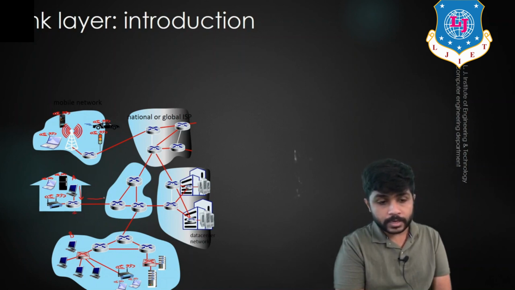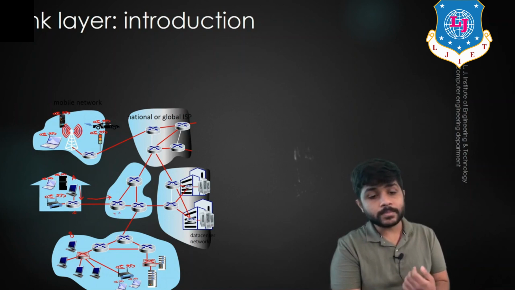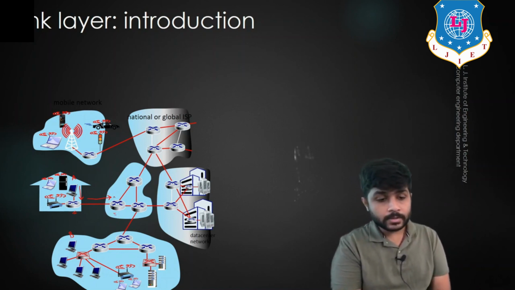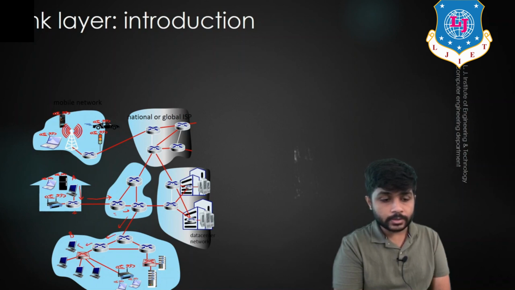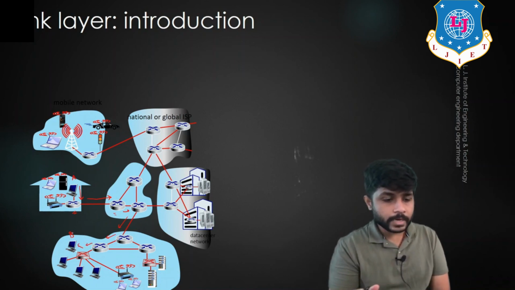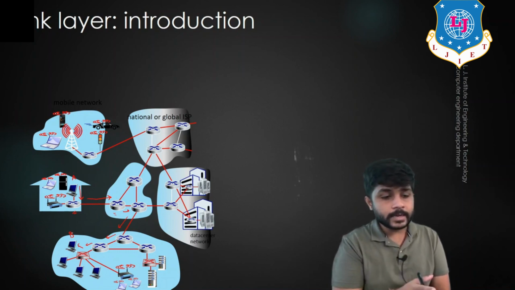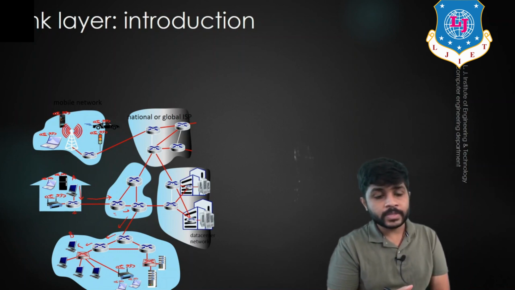Then it will be forwarded to the next router. Then the router will decide what is the best path to deliver the received data. After deciding, it will forward the data, and after some time the data will be delivered to device B. So this is the basic flow of data when the sender sends data and the receiver receives it.